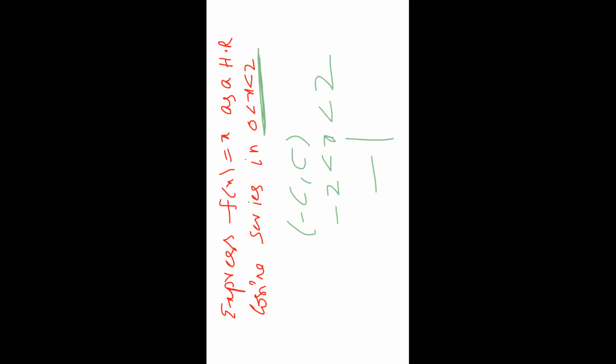So the cosine series we have to reflect in the y-axis. The statement is that the Fourier series of f of x over the period 0 to 2 will be changed into minus 2 to 2, and the term is reflecting in the y-axis.